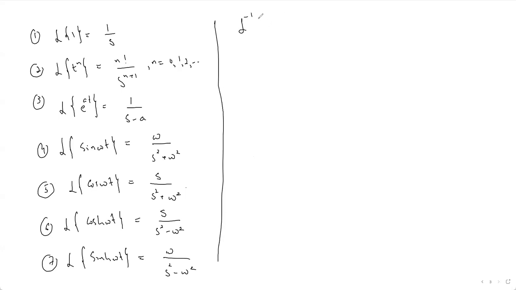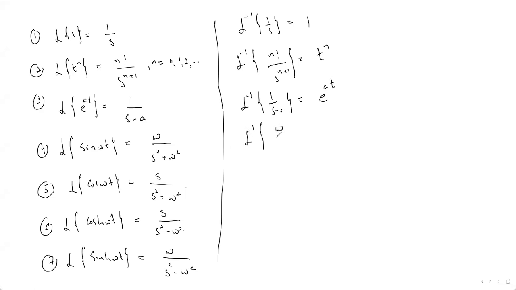The inverse Laplace transform of 1 by s is always equal to 1, and the inverse Laplace transform of n factorial divided by s raised to power n plus 1, what could that be equal to? That is t raised to power n. And the inverse Laplace transform of 1 divided by s minus a is equal to e raised to power at. Inverse Laplace transform of omega divided by s square plus omega square is equal to sine of omega t.